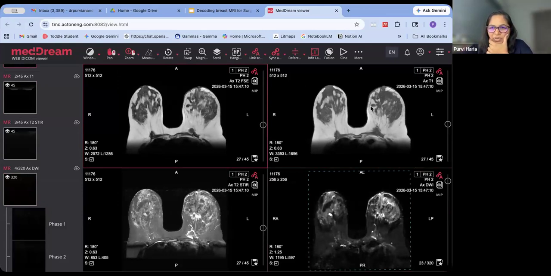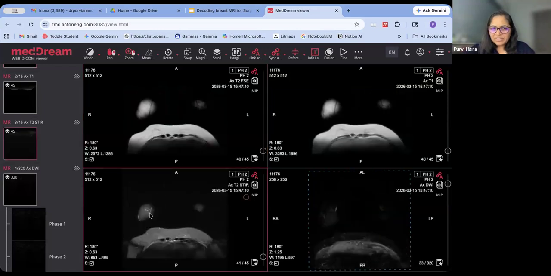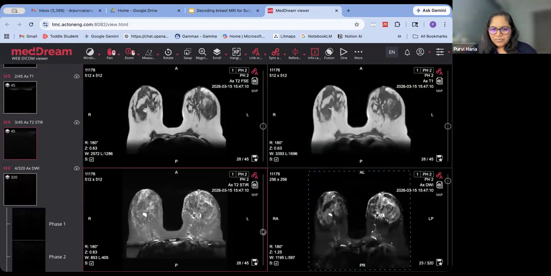The spiculations are better seen on the T1-weighted images. And as I was talking to you about the edema, you see there's a lot of edema here, going posteriorly. Whereas in the opposite breast, these are STIR images, we are seeing some cysts, multiple cysts. The parenchyma is very heterogeneous again, and some of these are cysts.